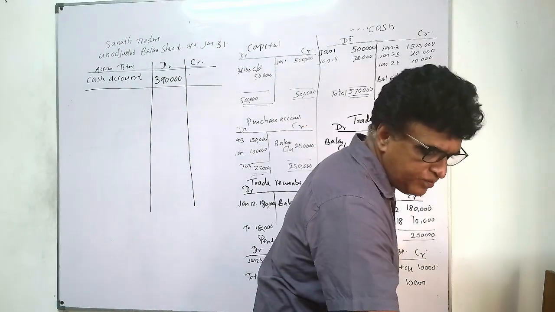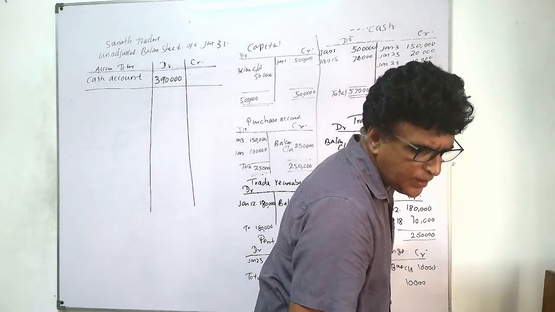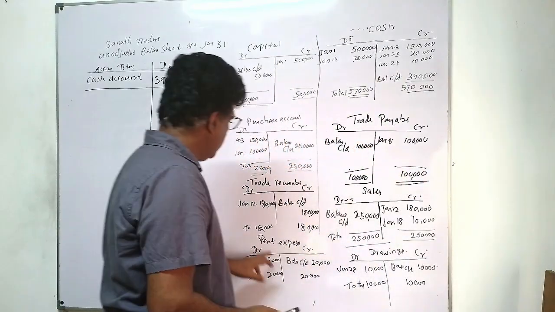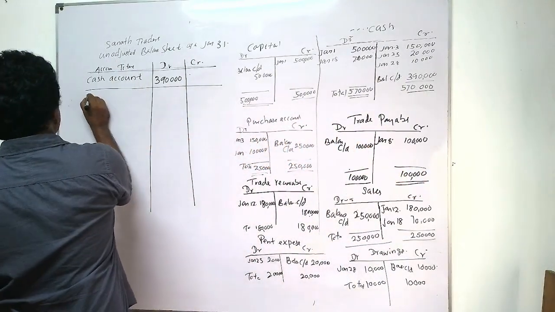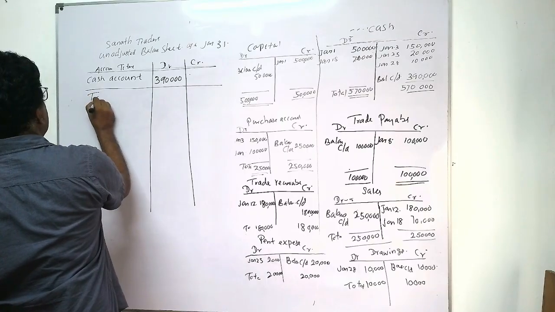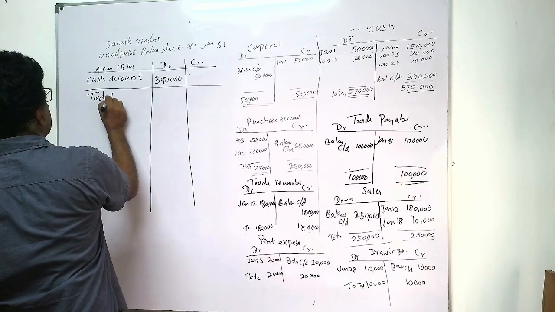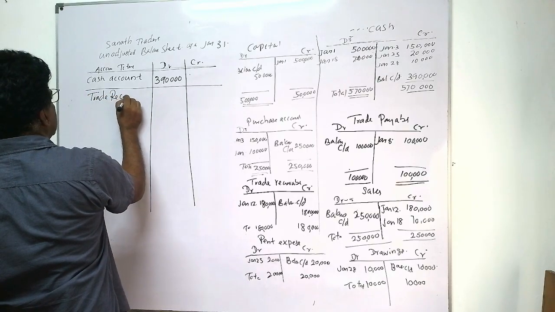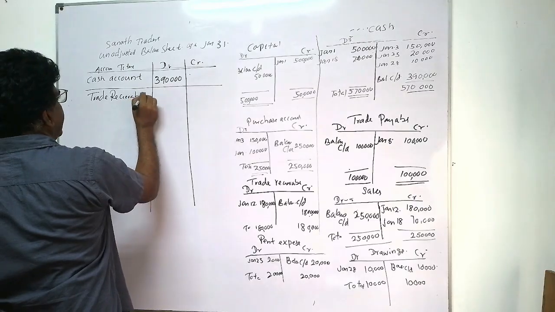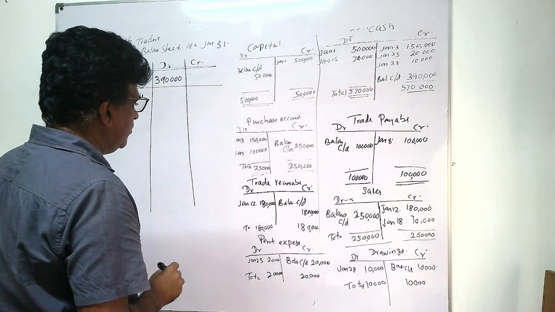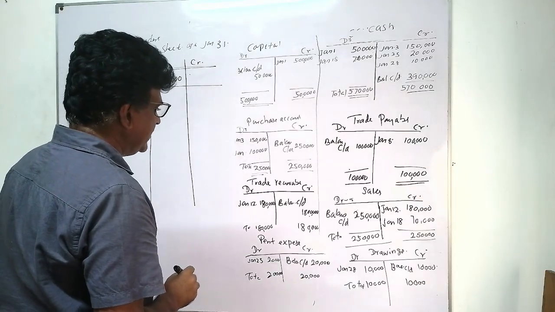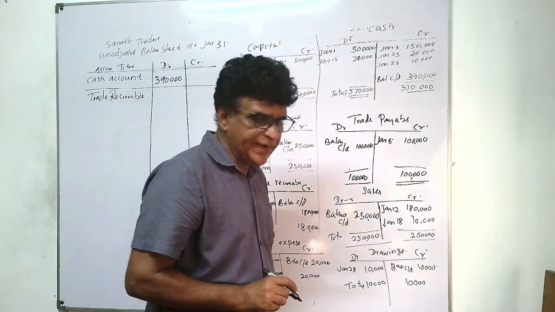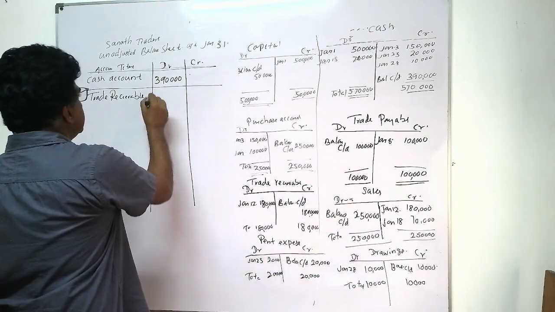Now, first we will list down all the debit balances. We have trade receivable account, 180,000 debit balance.